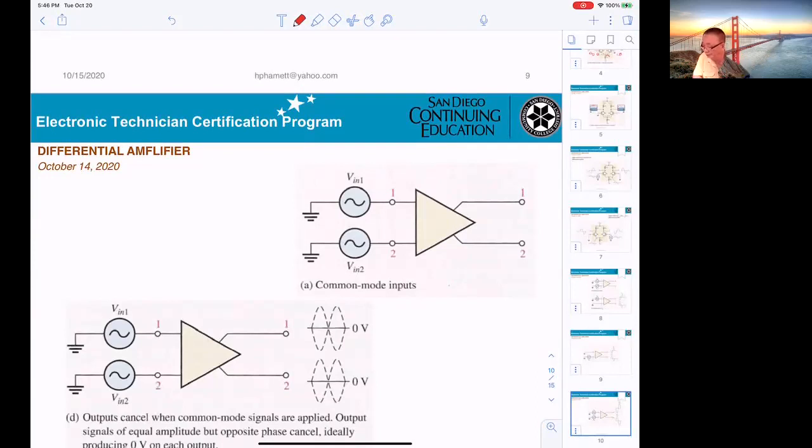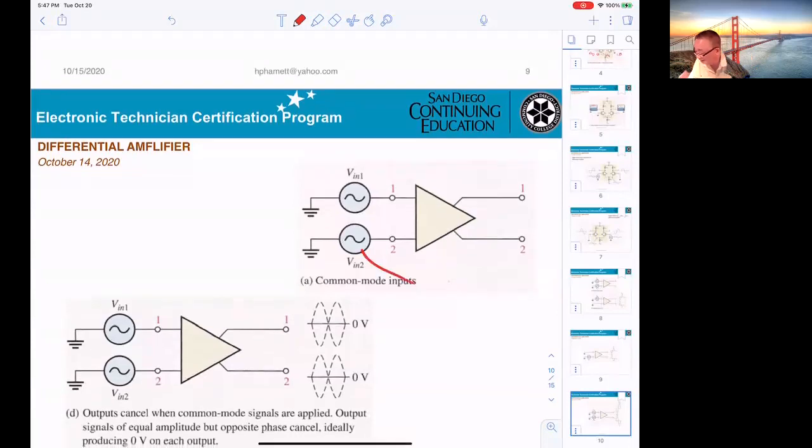If you look at V in 1 and V in 2, both are going up or both going down. Normally the signal applied to the input of the op-amp is identical, and most of the time it will be the noise. So they say this looks like the noise.